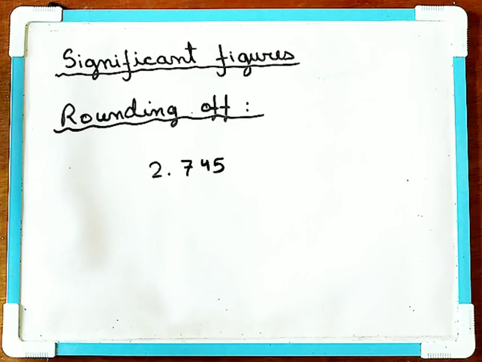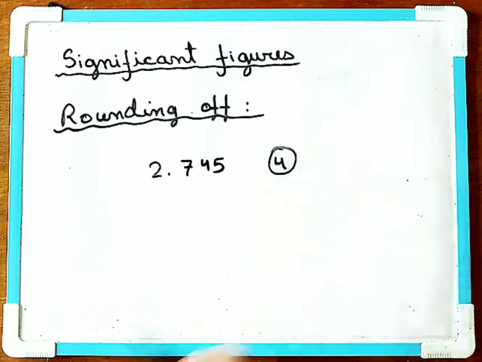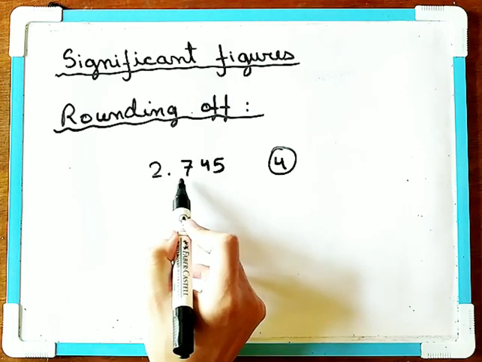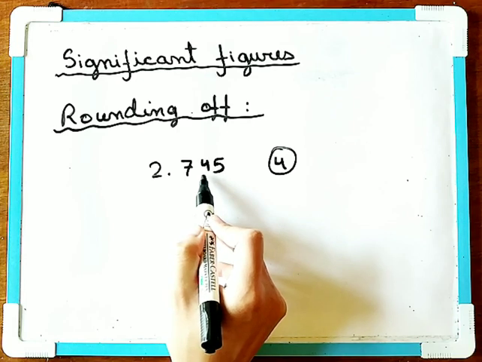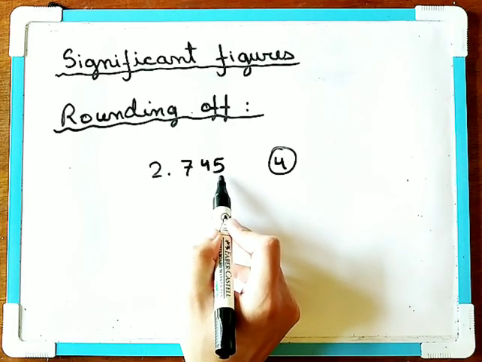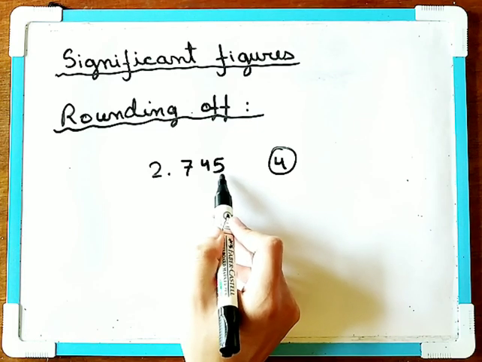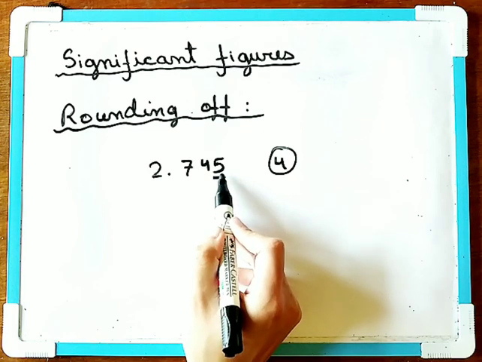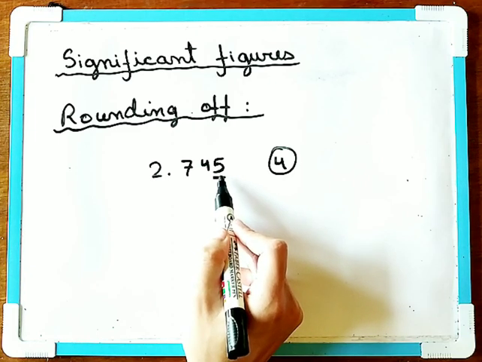If you are asked to round this to 3 significant figures, this has 4 significant figures and you're asked to round it to 3. Now in this case it's different. You see, 1, 2, 3, then after the third significant figure we have 5. Unlike in the earlier case, where we had digits less than 5 or greater than 5, now we have 5, which is equal to 5.